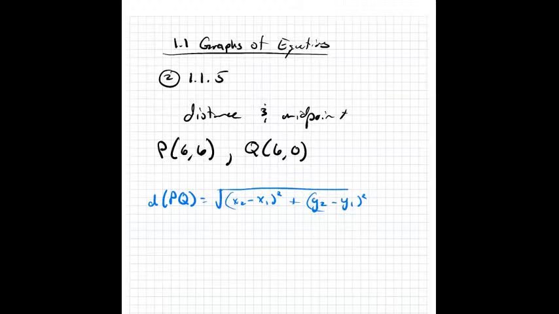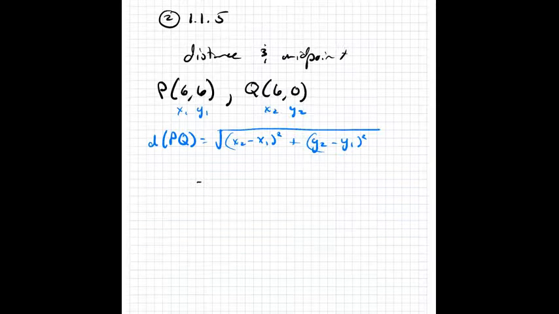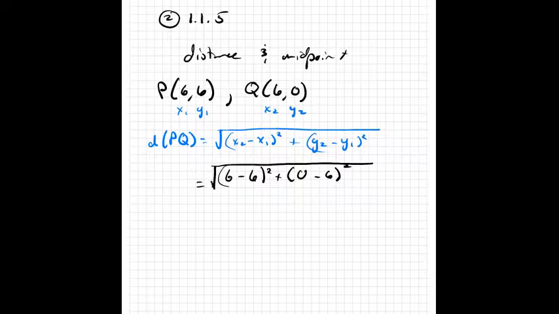So whenever I have an ordered pair, I typically just go x1, y1, x2, y2. I just automatically kind of label them in that fashion. So then we're going to get the square root of 6 minus 6, that's not a 6, squared, plus 0 minus 6 squared. So then that's going to be 0, that's going to be the square root of 36, which is 6, right?